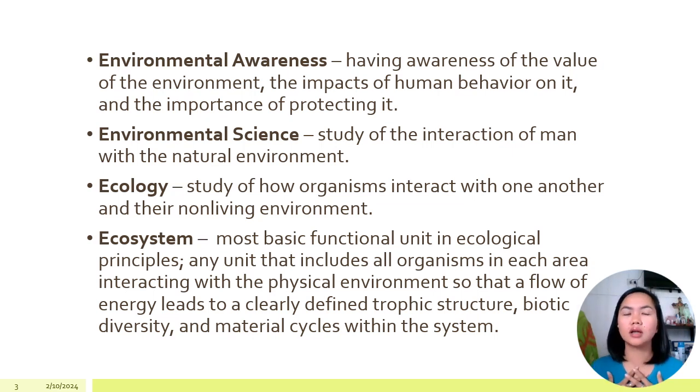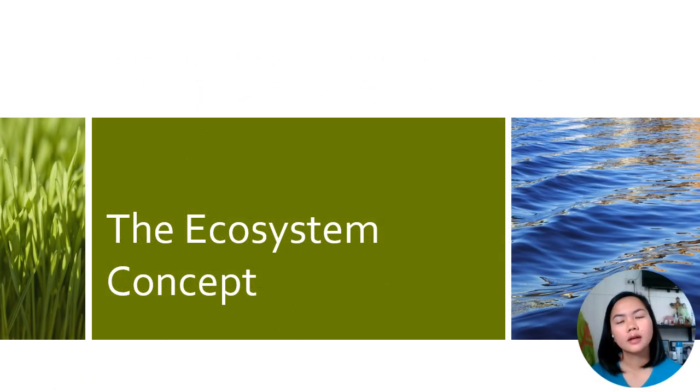And even us, human beings, we also benefit from that garden. Maybe you have vegetables or crops there that you eat, no? So you harvest your crops, and so you are also part of that ecosystem. Now let's focus more on the concepts in the ecosystem.